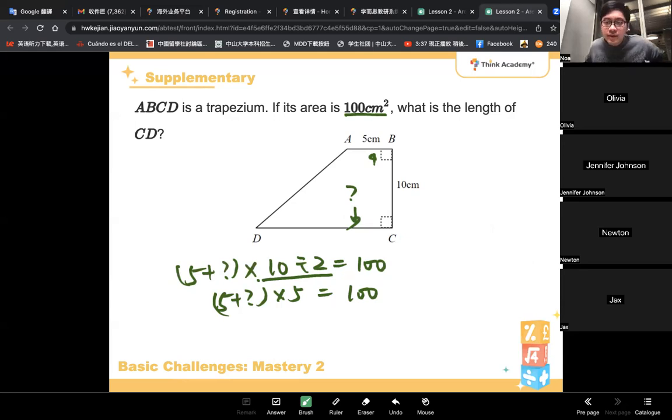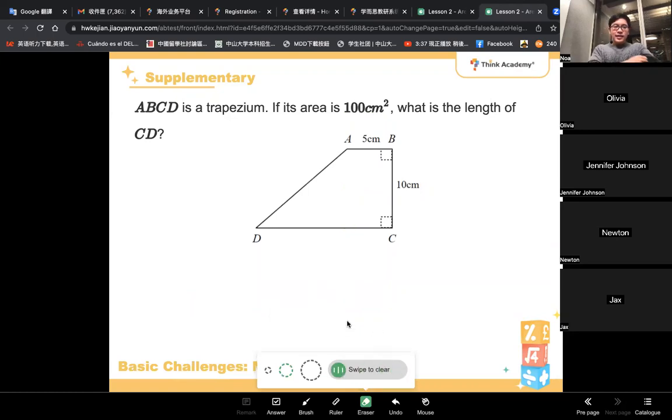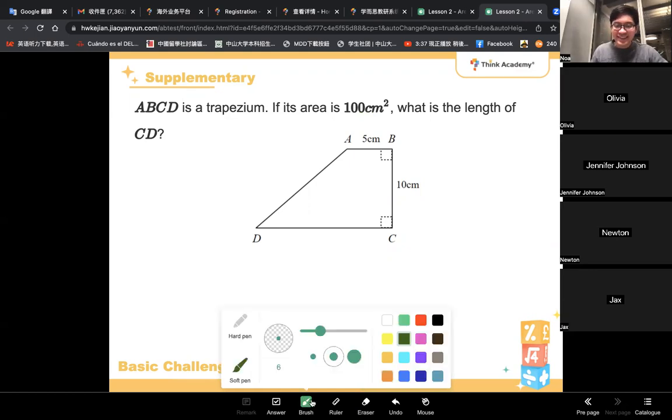Our playback on the application. I get how to do it. Oh, you get it. Okay, so everybody gets it. Now, Newton, can you help me again? Can you tell me how you do this? I just want to make sure you know it.